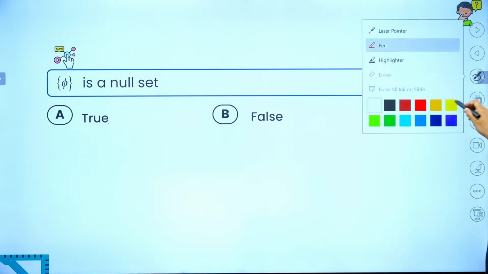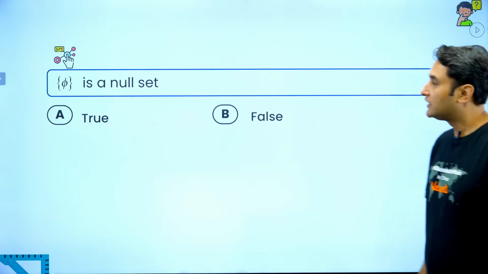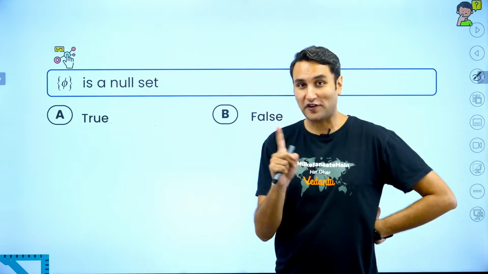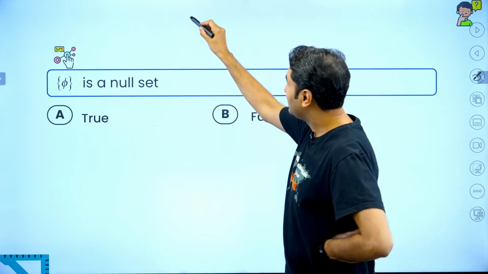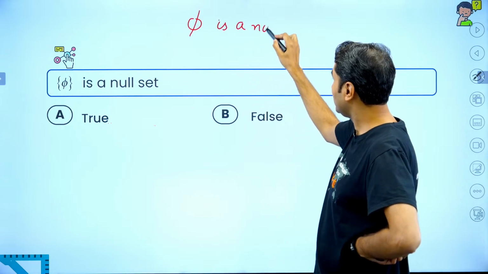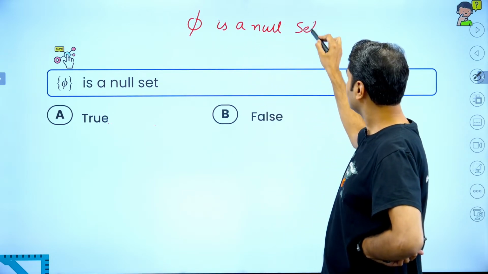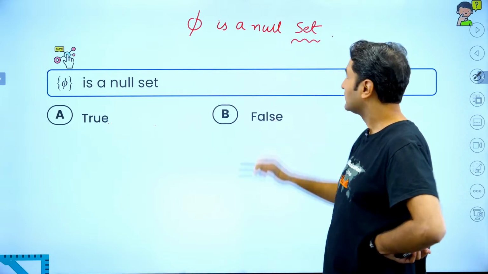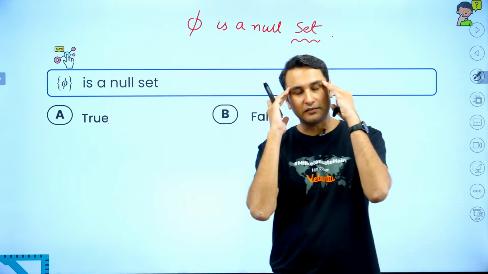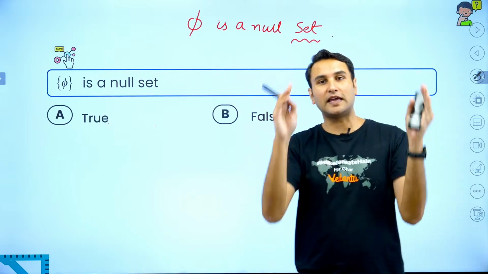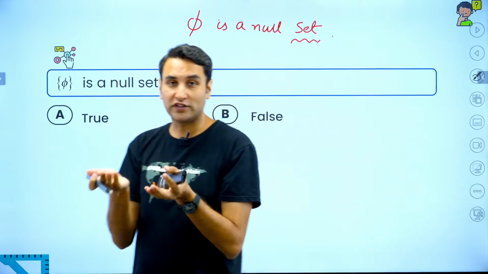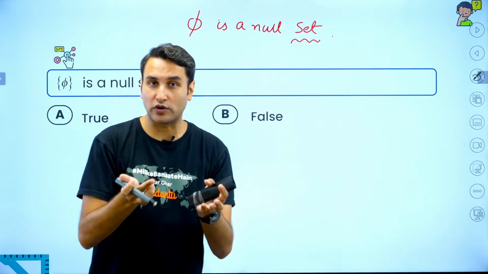Very interesting. Can you tell me this? Phi is a null set. Correct? Agree? So in your mind, imagine a null set as an empty box. So what is a null set? An empty box.